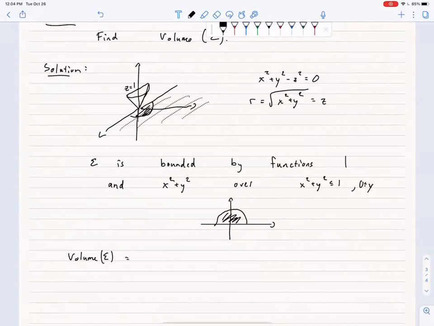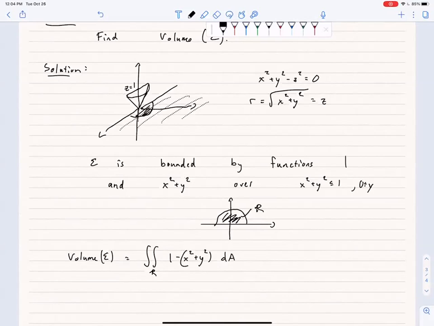Let's call this region R. It's going to equal the double integral over R of 1 minus quantity x squared plus y squared dA.